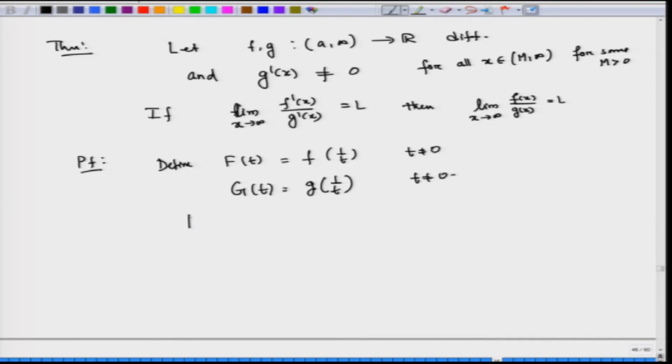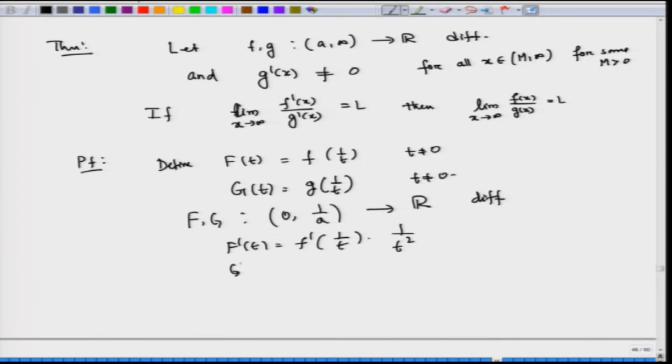Now, definitely F and G are differentiable functions, and F prime of t is equal to f prime of 1 over t into minus 1 by t square, and G prime of t similarly is equal to g prime of 1 over t into minus 1 by t square.